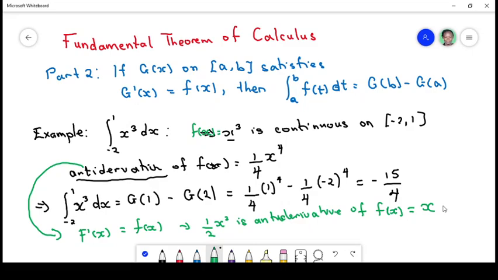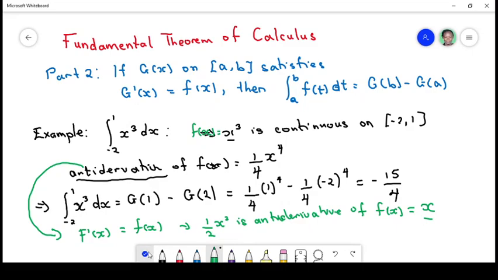Because if I find the antiderivative of this function, the integral of this function, this is what I get, 1 over 2 x squared. So there are many examples to look at as well.